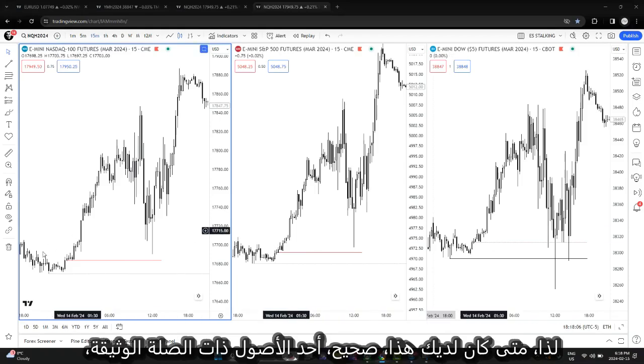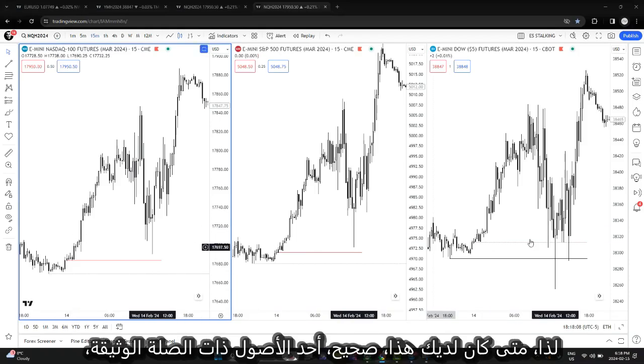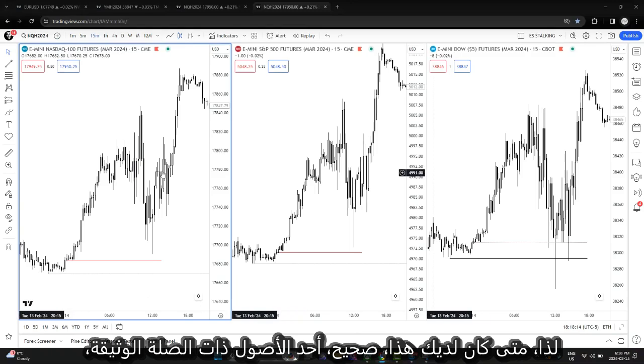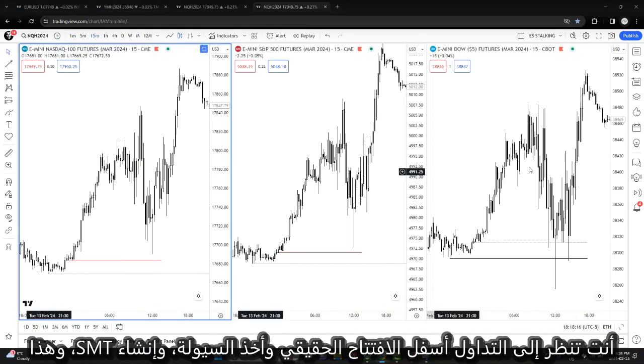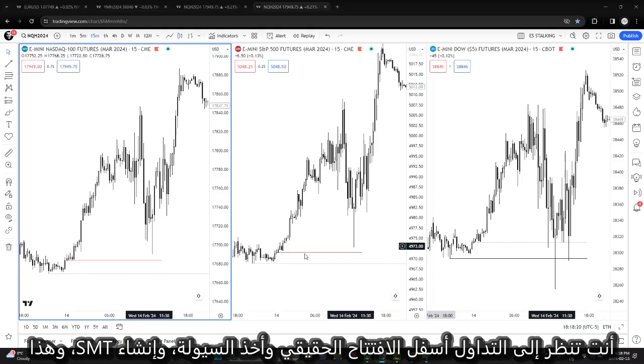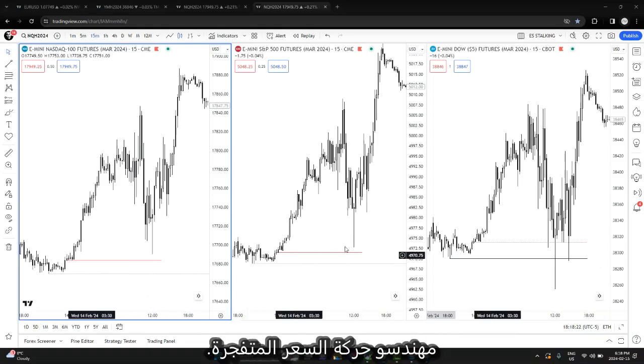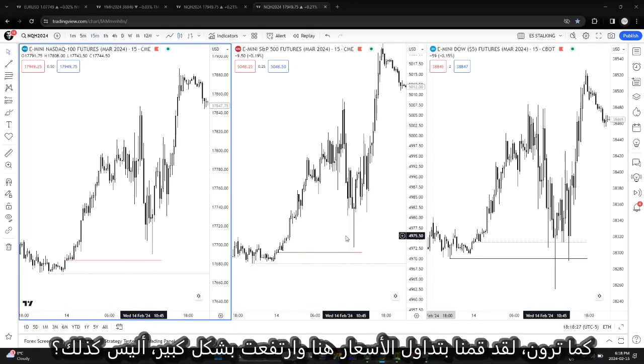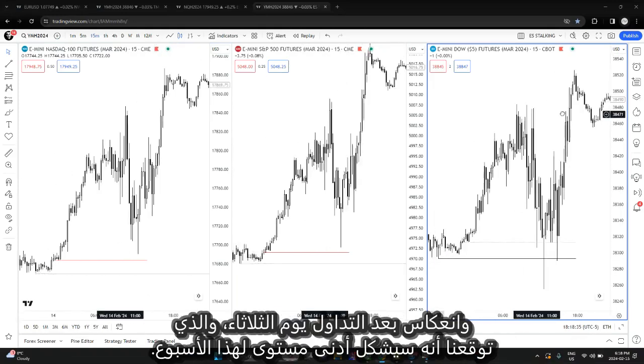So whenever you have this, right, one of whichever amount of closely related assets you're looking at trading below the true open and taking liquidity, creating SMT, this engineers explosive price action. As you guys can see, price traded here, then it exploded upwards, right?